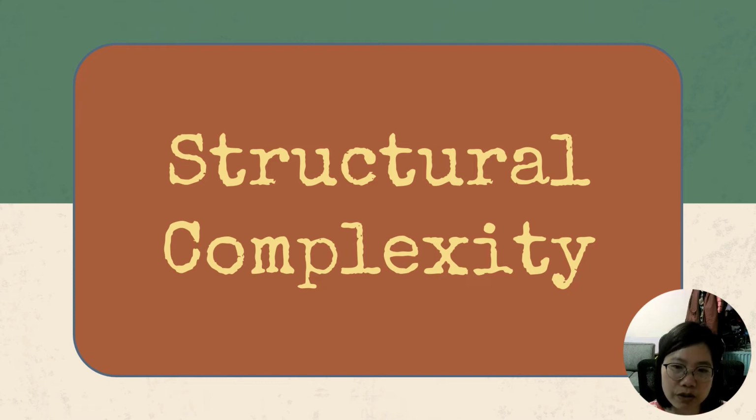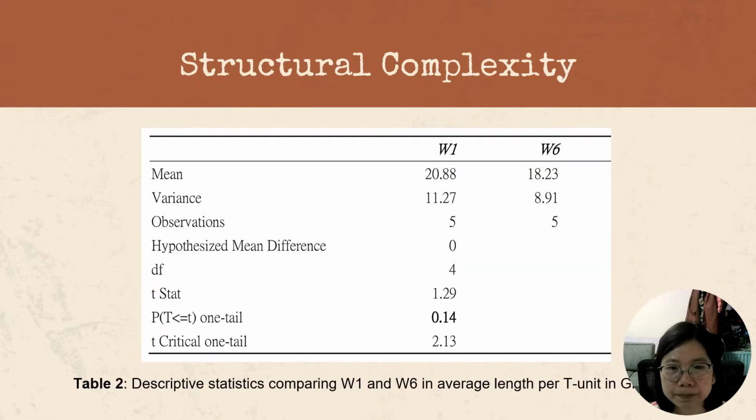Let's move on to structural complexity. So first of all, we can see this is from group 1, without the paraphrasing tool, there is no significant difference between week 1 and week 6.